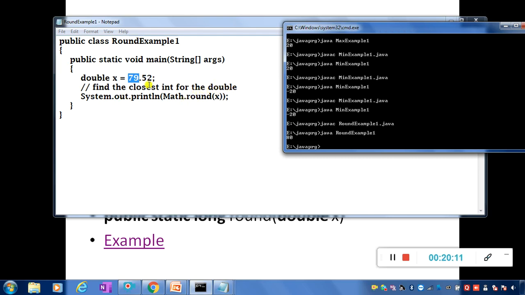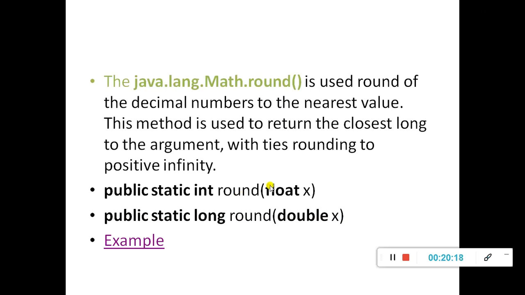The closest int for the double value is 80. If it is a float, then it returns an integer. If it is a double, it will return a long.